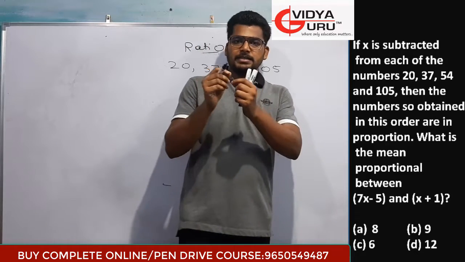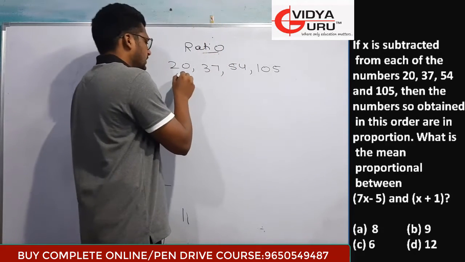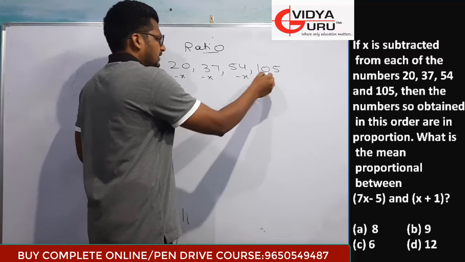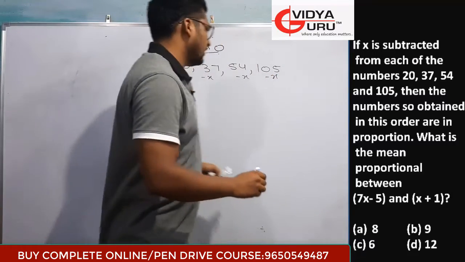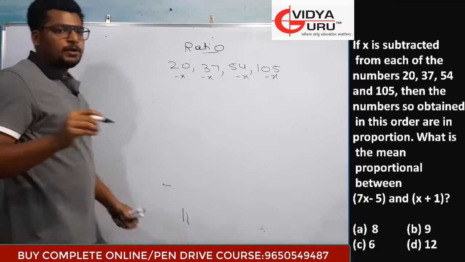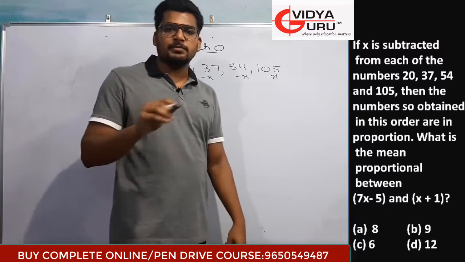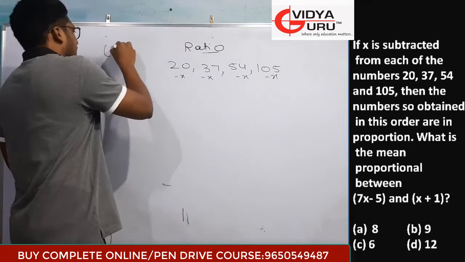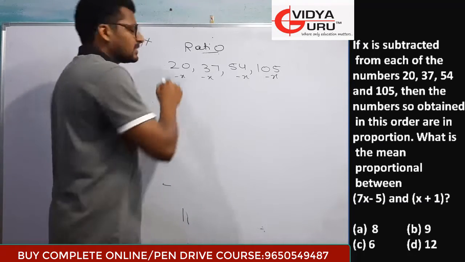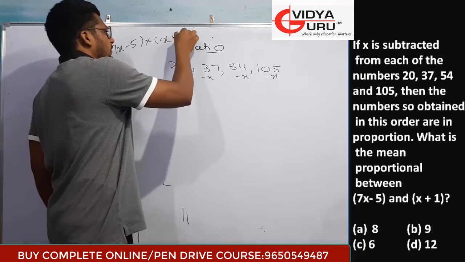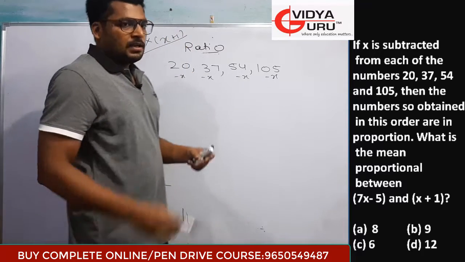If x is subtracted from each, the numbers become in proportion, then we need to find out the mean proportion of 7x minus 5 into x plus 1.